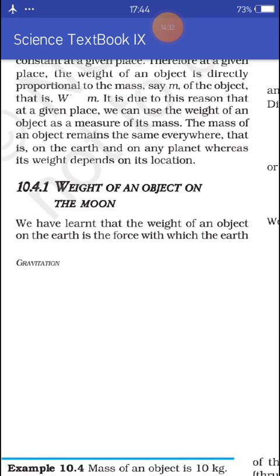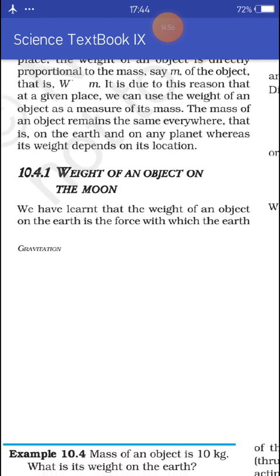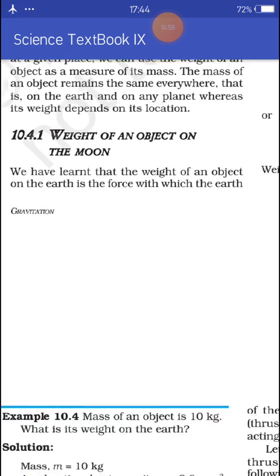It is due to this reason that at a given place we can use the weight of an object as a measure of its mass. The mass of an object remains the same everywhere, that is, on the earth and on any planet, whereas its weight depends on its location.